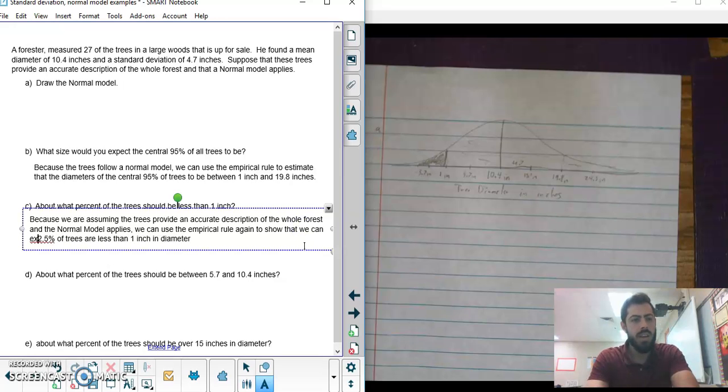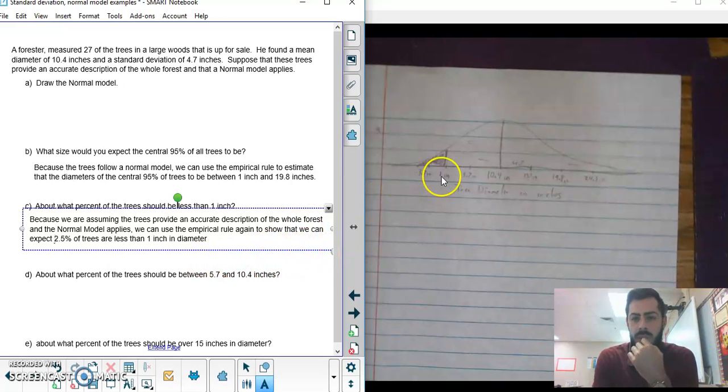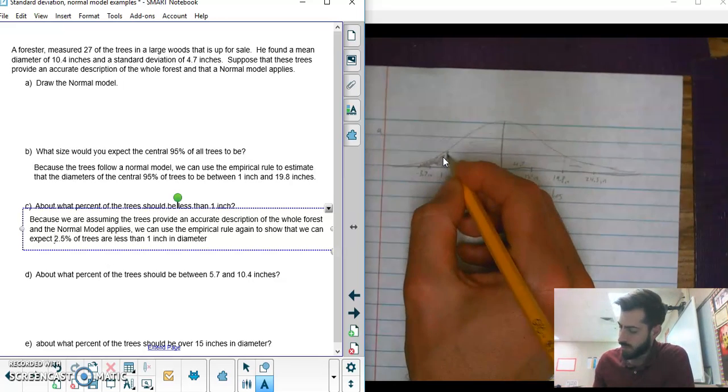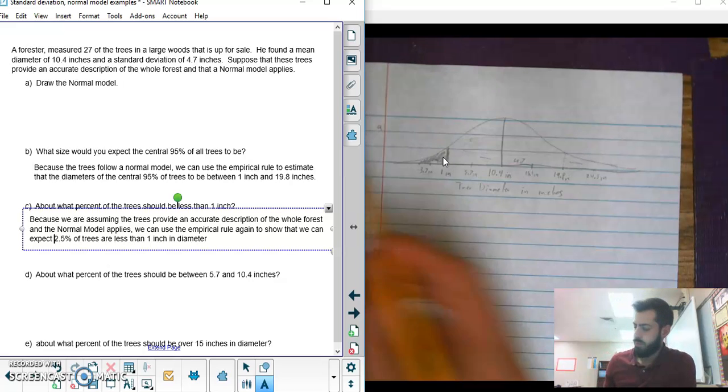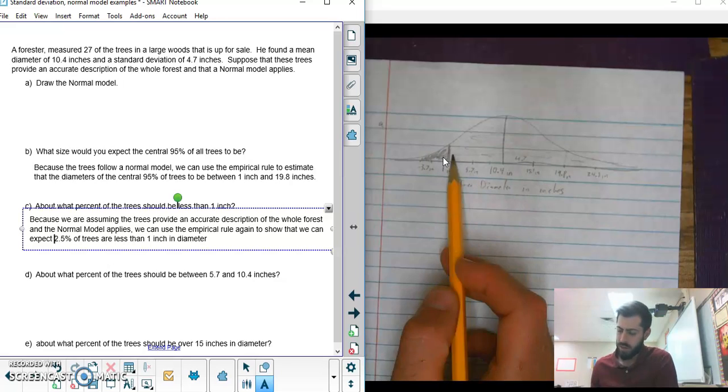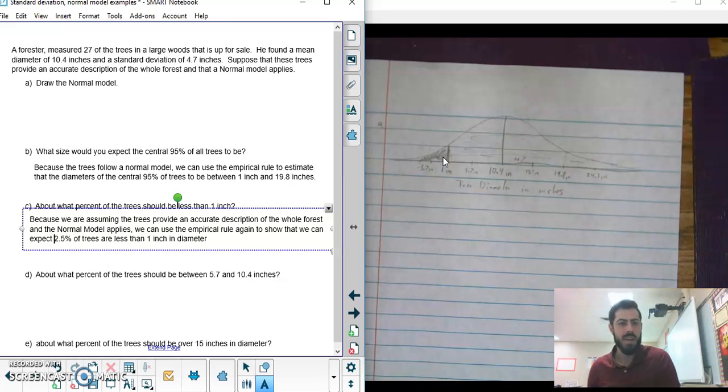We can expect. There we go. And when you're doing this, I would definitely sketch this graph again and shade that area and use this visual here to say, oh, well, here's 95%. Here's 2 standard deviations. That's got to be half of 5%, right?